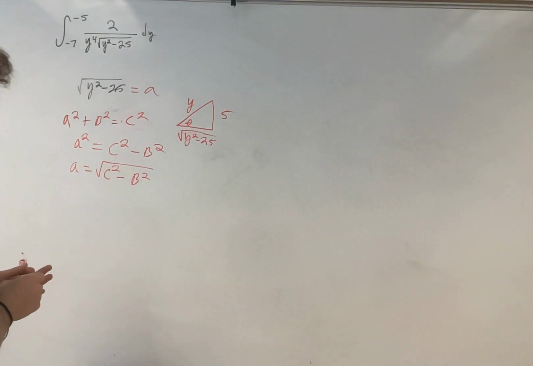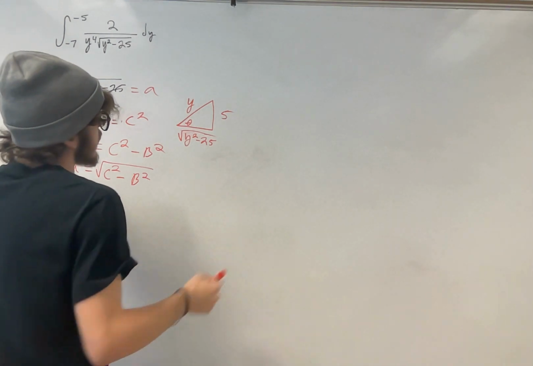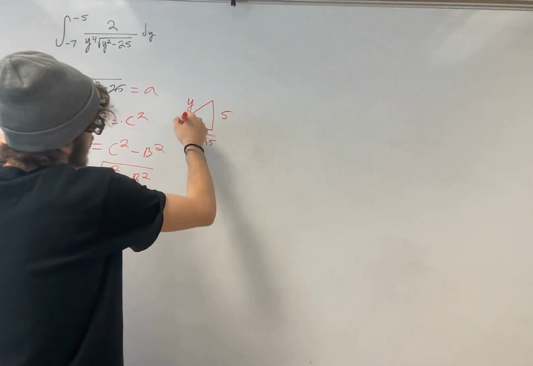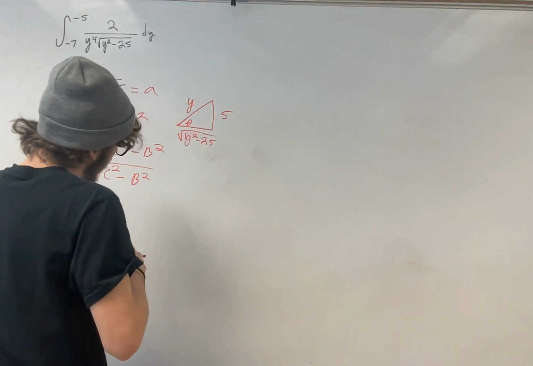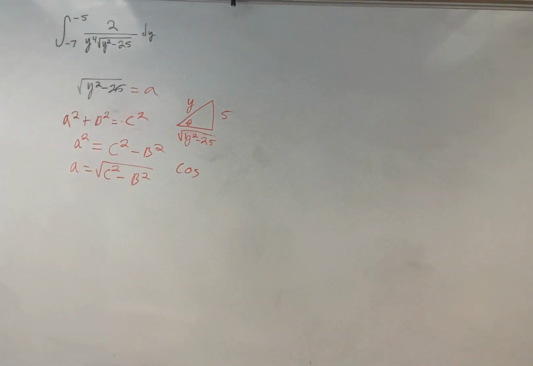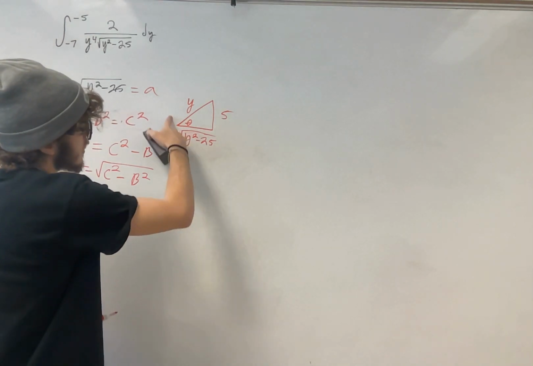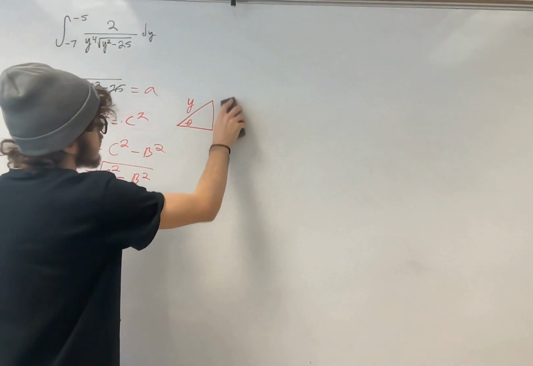If I wanted to take secant, for example, I want to get y over something, so I have to use either secant or cosecant. I could use cosecant, but then I have to deal with a lot of weird problems. But if I use secant, I can get y over this, but I don't want it like that. I want it as such.